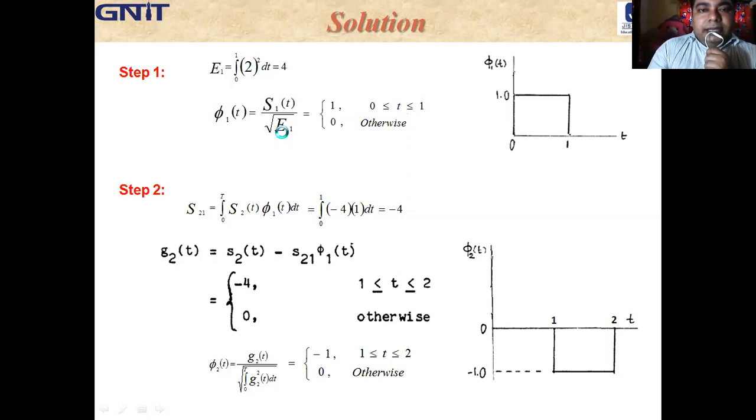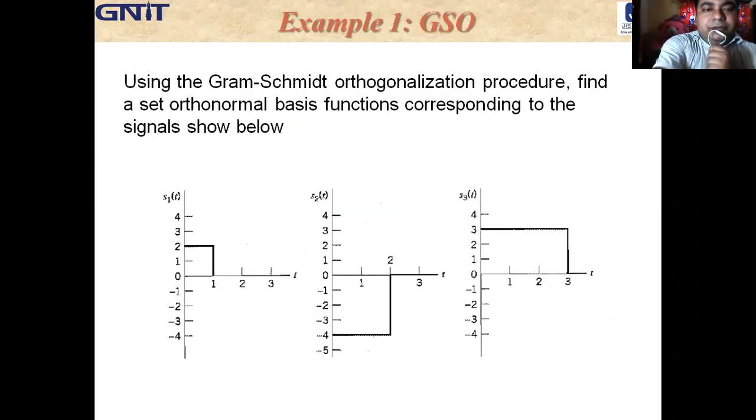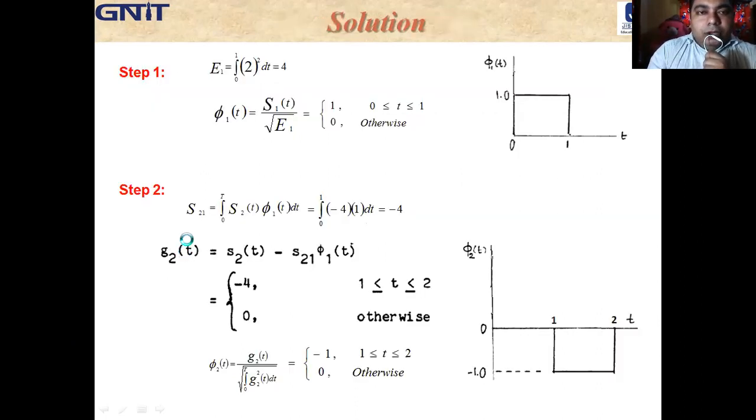Since the amplitude of s1t is 2, the 2 cancels, and it belongs to 0 to 1, otherwise it is 0. So we can see in the figure that phi 1t has amplitude 1 and exists for 0 to 1.